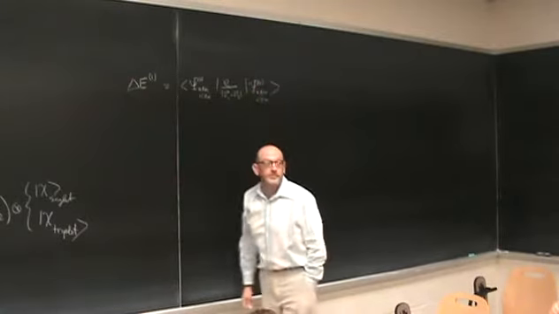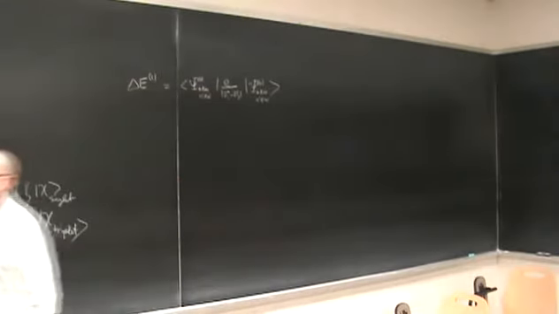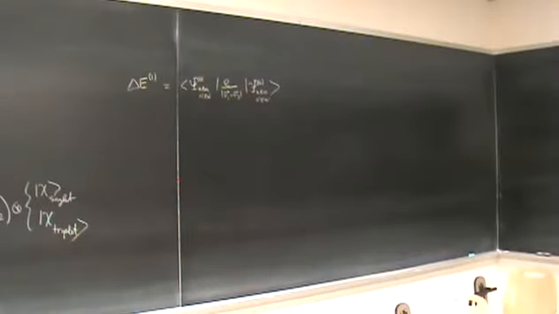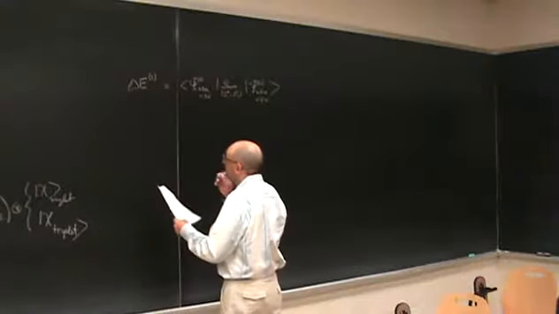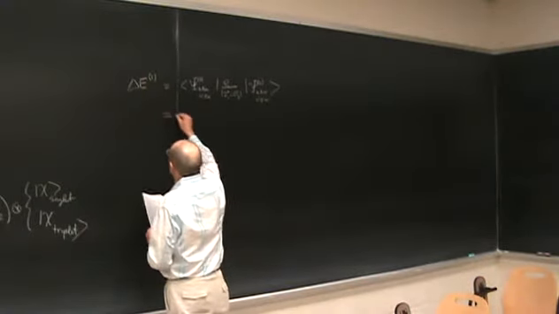Right? So that's the first order energy level shift for this problem. Let me just remind myself of something. Right. Okay. So now you plug this in, and what you get is the following.